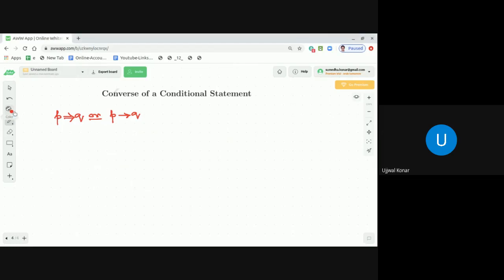This is a conditional statement we are aware of. Now, what is the converse of this conditional statement?